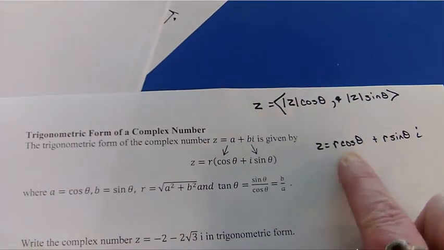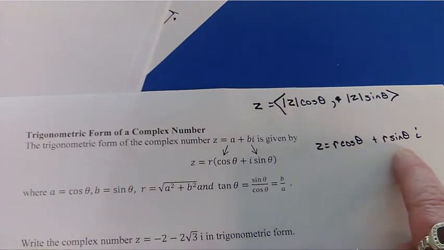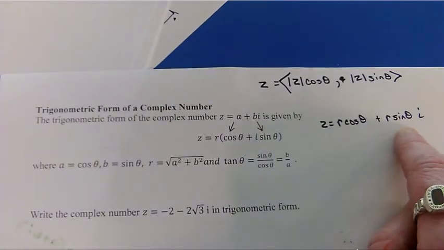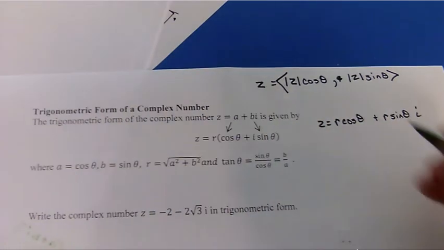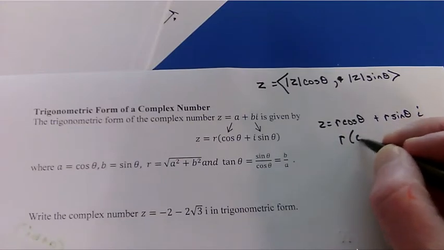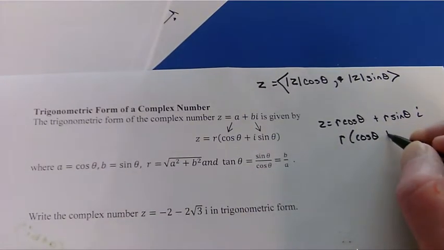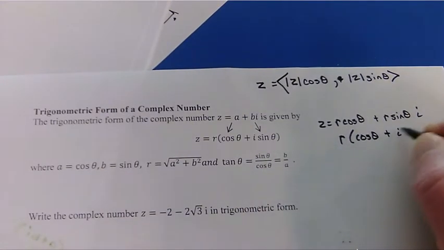It's the same kind of thing, the horizontal component, vertical component. The way this is written is a little bit different because they kind of factored out an r from each of those terms, and they put the i in front of the sine. That's just a traditional way of writing it.